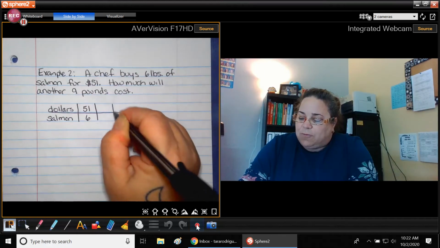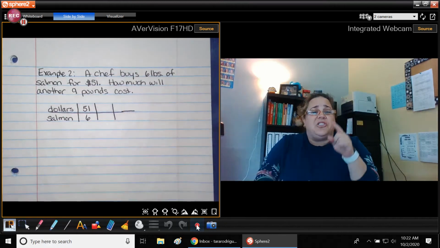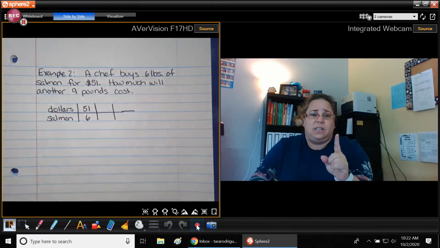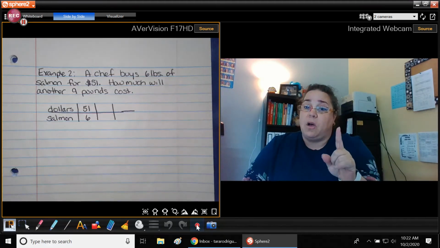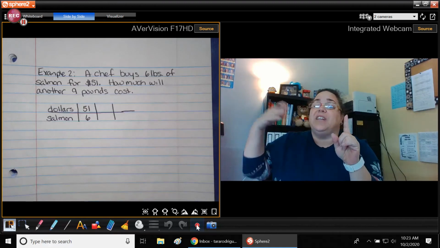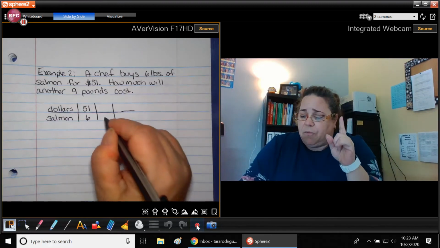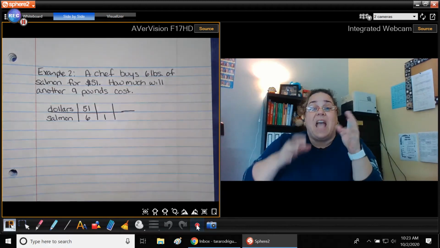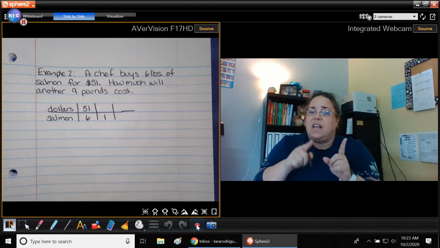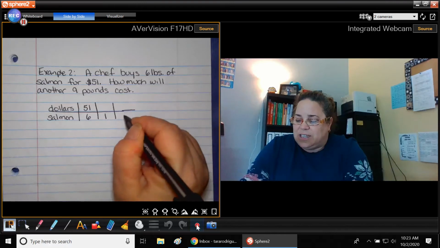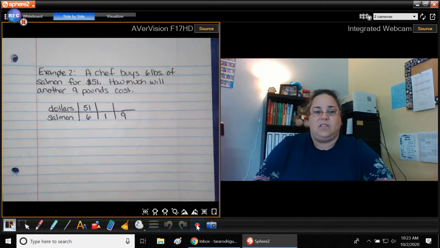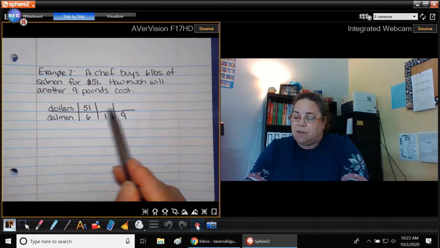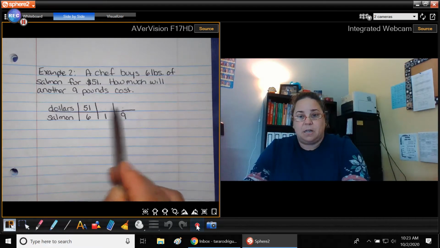And what I'm going to have to do is figure out how much does 1 pound cost. If I can figure out how much 1 pound costs, then I can figure out how much 9 pounds cost. So after I found out 1, then I can figure out how much does 9 cost. So now I know I'm trying to find these 2 numbers. These are my missing numbers.